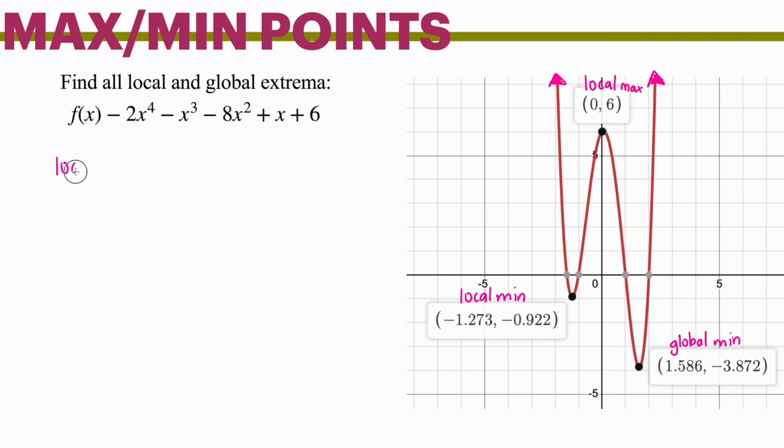So you would say that there is a local min at -0.922 when x is -1.273.